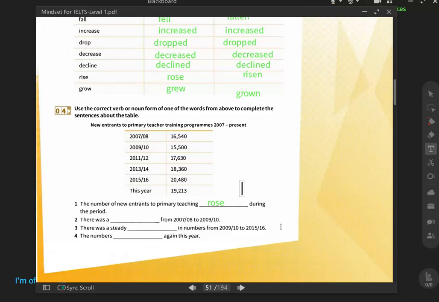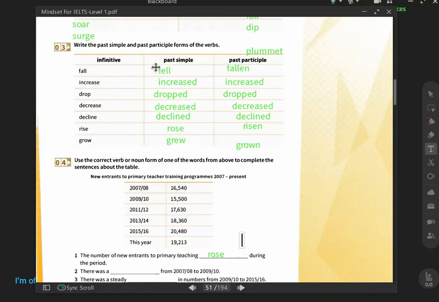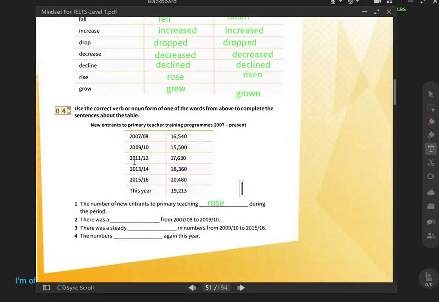Again, noun. So I think it's steady. You can say increase. You can say growth, this is a noun. You can say rise. So all of them, yes.